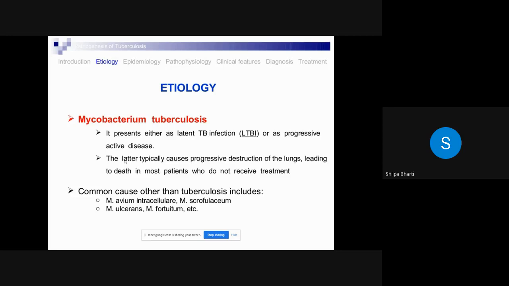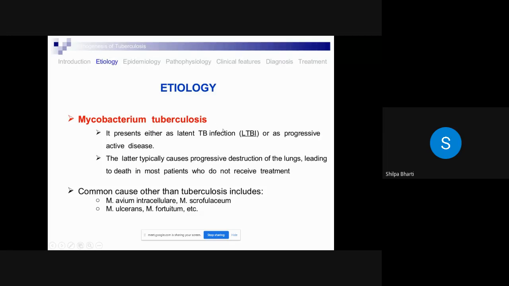Only then does it infect other people, because at that stage, when the person coughs or sneezes, the bacteria start coming out in the cough or sneeze. Otherwise, if the bacteria just infect the person and the disease does not progress into the active state, then the person is not an active carrier of the disease.